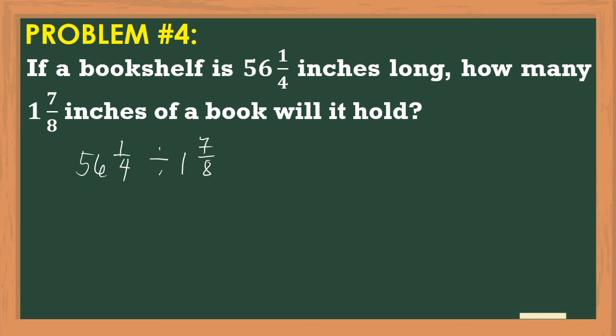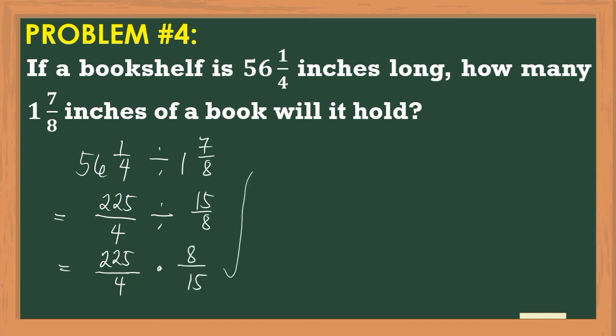So, 56 and 1/4 will become 225 over 4 divided by 1 and 7 over 8 will become 15 over 8. So, again, kunin natin yung reciprocal ng divisor, and then we proceed to multiplication. So, 15 over 8, that will become 8 over 15.